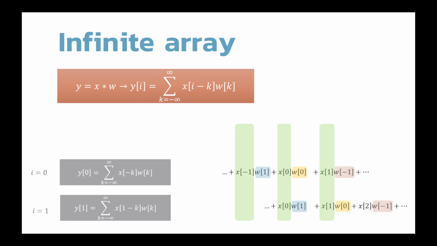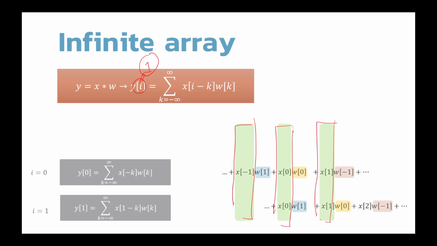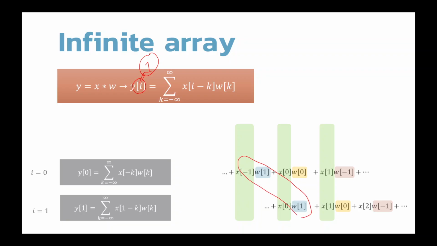Let's look at another example. Say I want y at index i equal to 1. That means I have to do a little bit of shifting. If I fix my x in the same place, the green column, my x is the same, and the operation is that I shift w to the right. As you can see, w1 gets shifted to the right, w0 to the right, and so on.